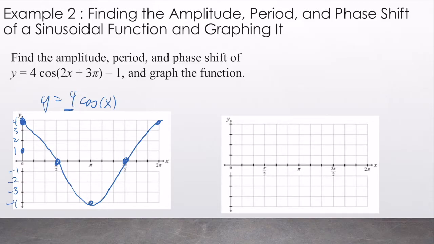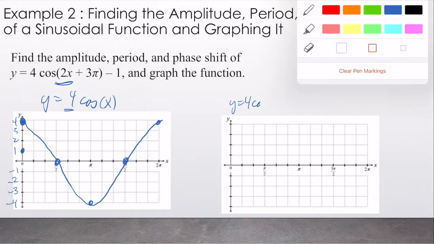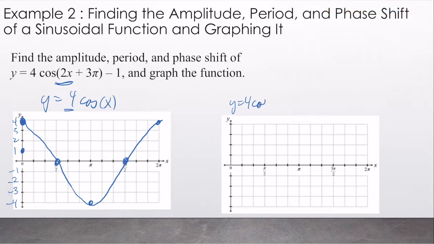Then what we have to do is a horizontal compression of 1/2. So now I'm going to graph y equals 4 cosine of 2x, just the 2x part. Now what used to happen in a period of 2 pi now happens in a period of pi.